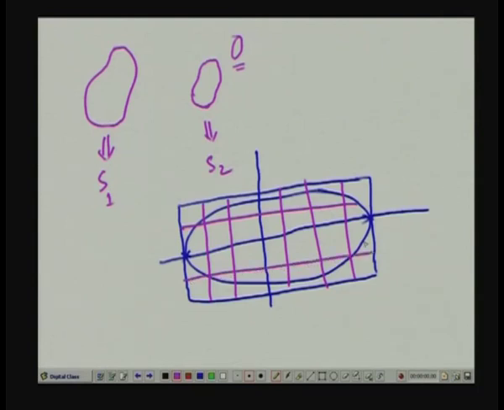So, I have to decide how many such cells I should have to generate the shape number of a particular order. For doing this, we consider the eccentricity, which we have defined earlier. So, we find out the eccentricity of this particular shape, and then we generate a rectangle.